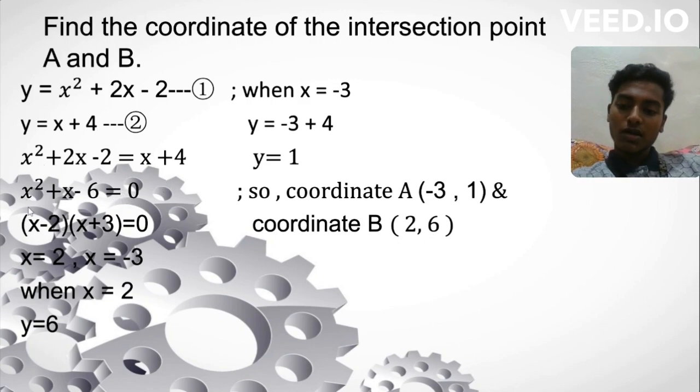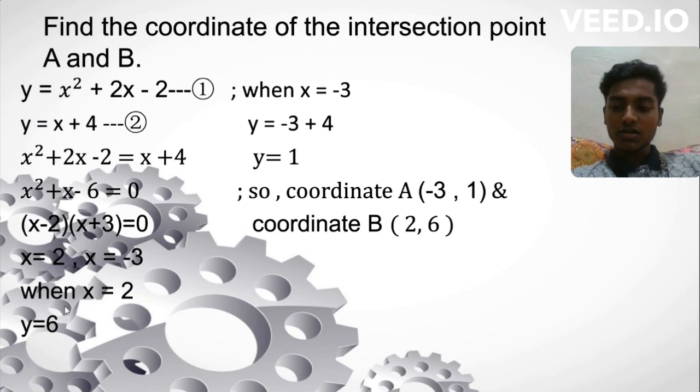When we factorize that, we get (x minus 2)(x plus 3) equals 0, and the first value of x is equal to 2 and the second value of x is equal to negative 3. So when x is equal to 2, we substitute the value of x into equation number 2 here in order to get the value of y.